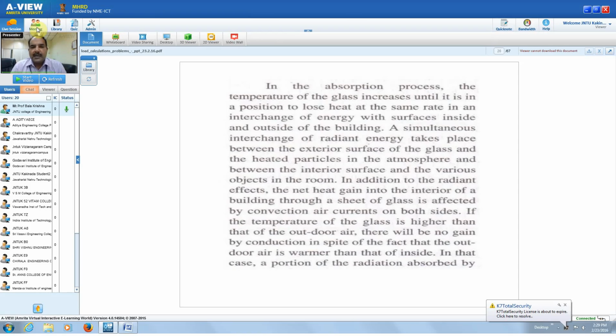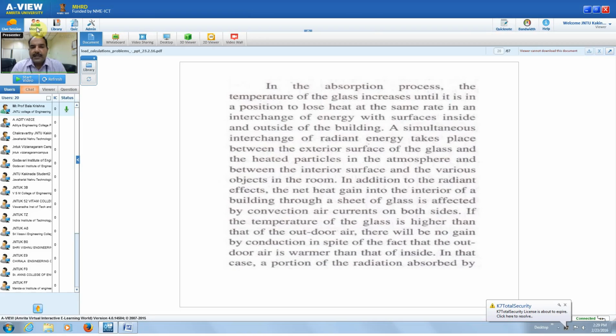A simultaneous interchange of radiant energy takes place between the exterior surface of the glass and the heated particles in the atmosphere, and between the interior surface and the various objects in the room.